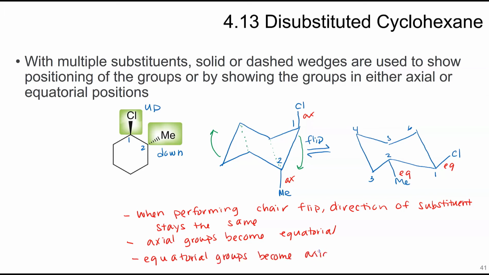So my chlorine was up, it's still up here. It went from up to up in the direction, and then the axial became equatorial, and the same thing with the methyl. So methyl was pointing down, it's still pointing down, but it went from axial to equatorial.